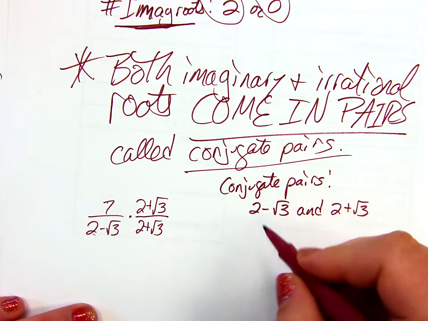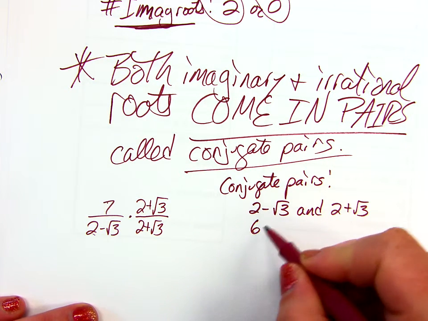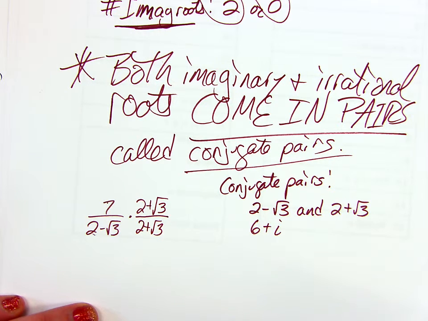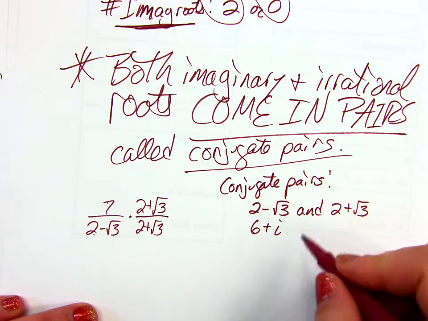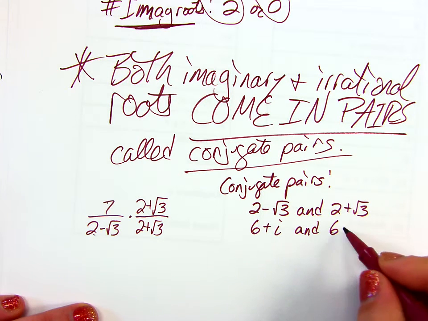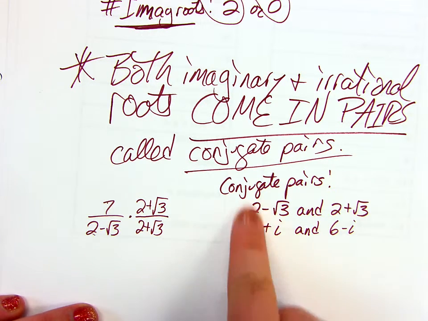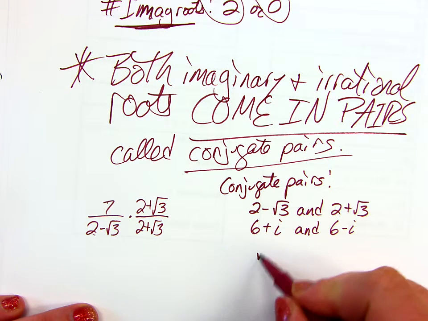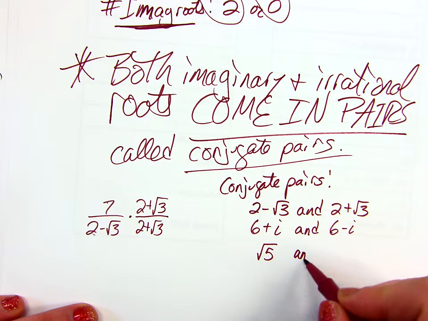Let's do an imaginary one. What if you had 6 plus i? What would its conjugate pair be? 6 minus i. That's it. Now, sometimes your first number is 0. So what if you had something like square root of 5? What would its pair be?